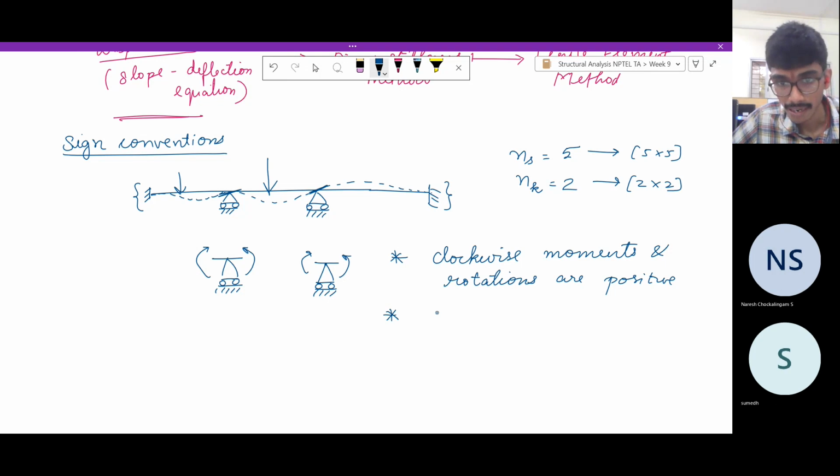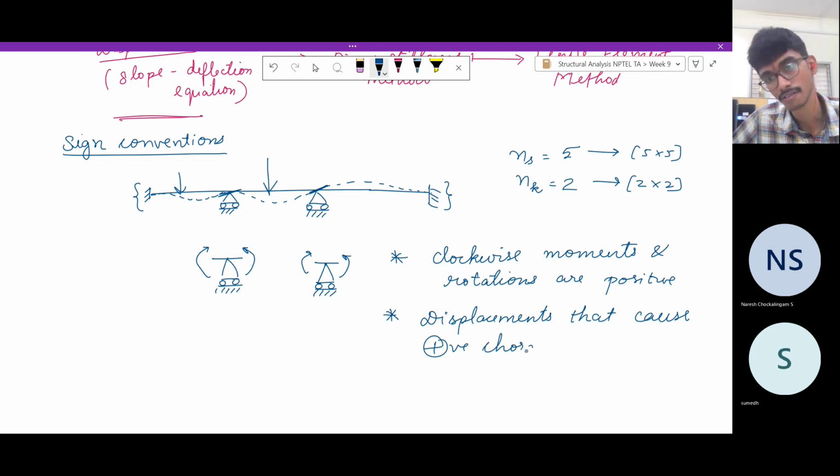And displacements that cause positive chord rotation are positive. So what is positive chord rotation? Rotation means clockwise. So if they're also positive.